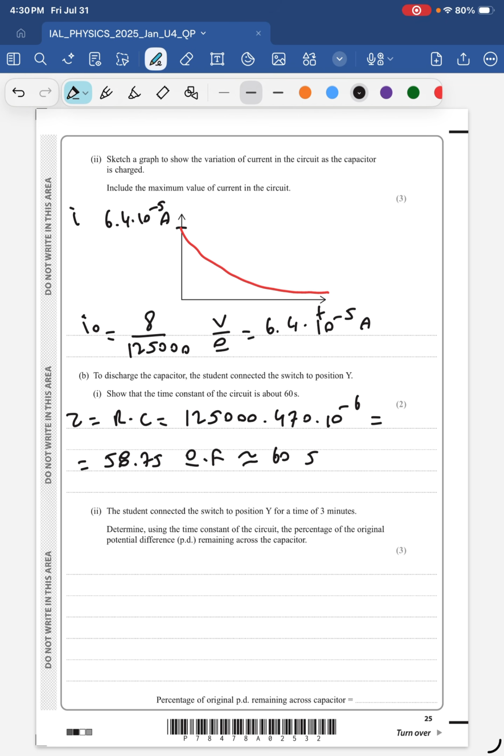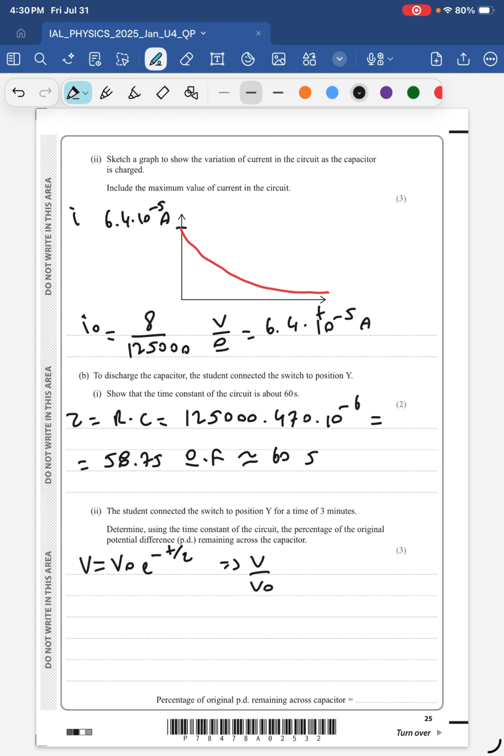Part 2. The student connected the switch to position Y for a time of 3 minutes. Determine, using the time constant of the circuit, the percentage of the original potential difference remaining across the capacitor. So V is V naught e to the minus t over the time constant.